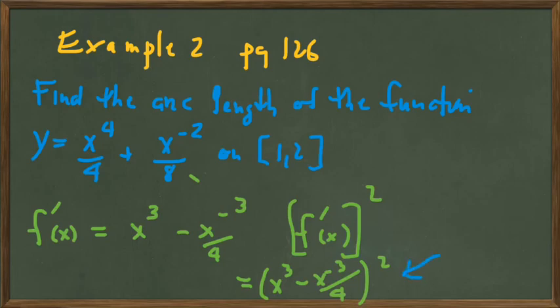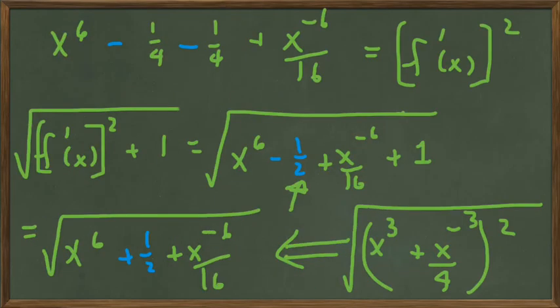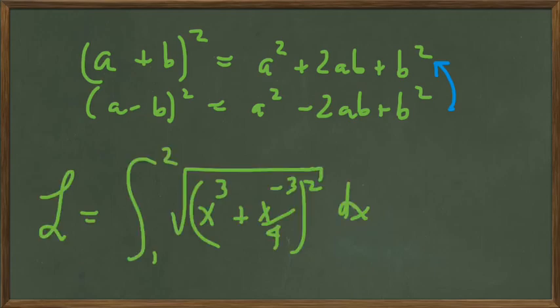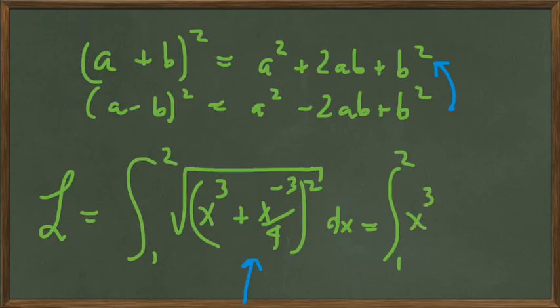That's actually a very good thing, because now we have an expression under the square root sign that we can take out, and so our arc length is just the integral from 1 to 2. The square root of something squared is just that something, so it's x cubed plus x to the minus 3 over 4 dx.